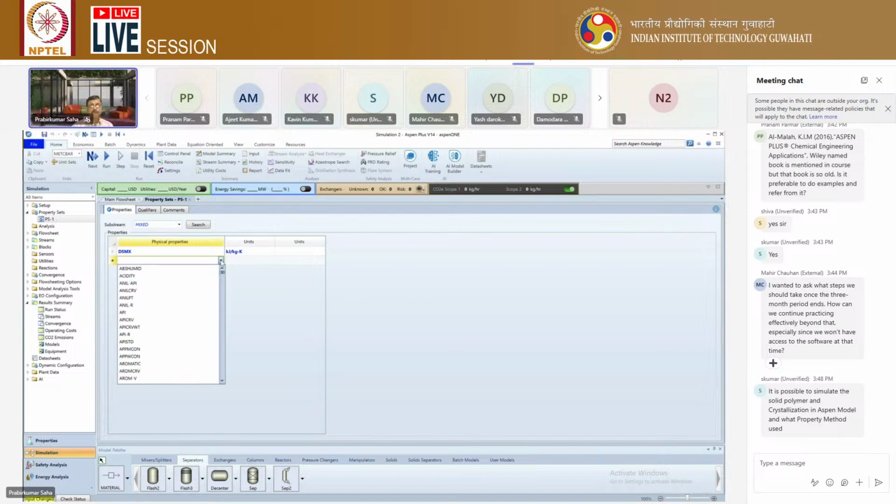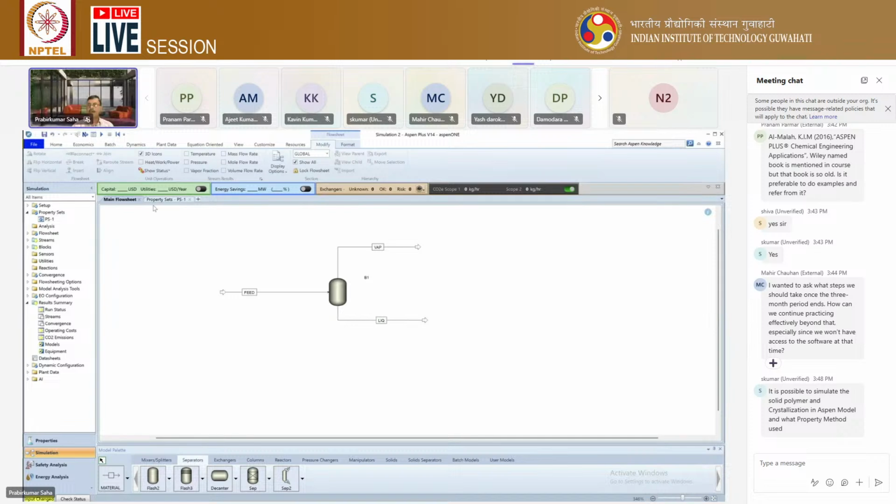Then the next one, you can take, say, all petroleum related. Let us take this one, CPMX, constant pressure heat capacity of the mixture. Okay, so these two things are not there in your regular property set, but you have added this into the property set because you want to study them.